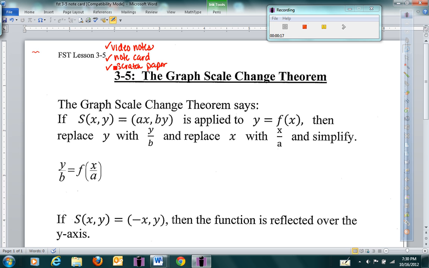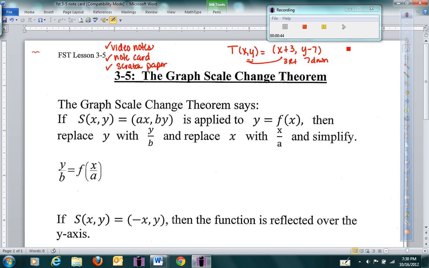So the deal is, we've already looked at the graph translation theorem, and that's when we had the rules where we had capital T, x comma y, and maybe we said something like x plus 3, y minus 7, where we told that every ordered pair was going to slide 3 to the right and 7 down, right?